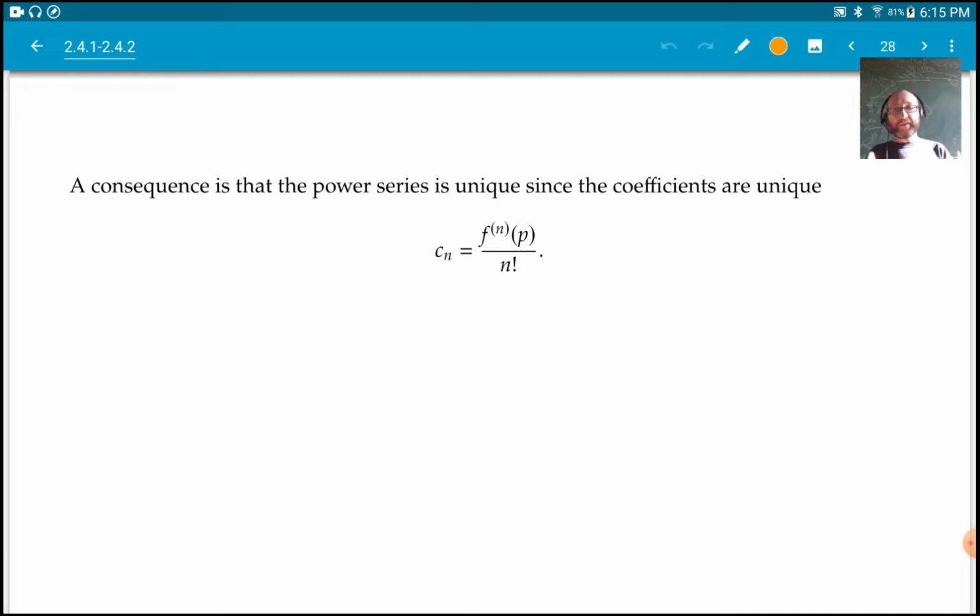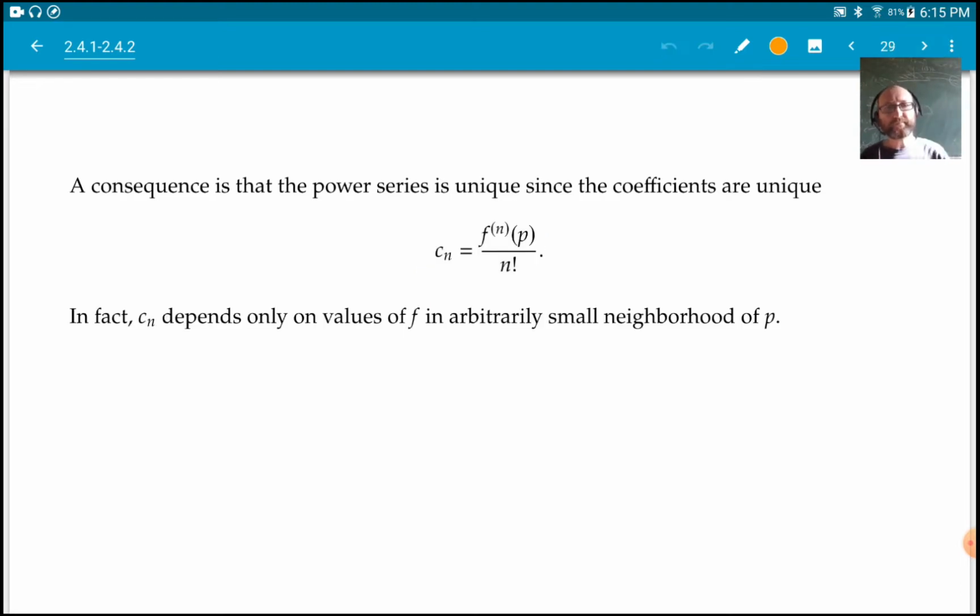Once I have a power series converging to a function, there can't be a different power series at the same point converging to the same function, because I just need a little neighborhood around p to take derivatives. Once I can take derivatives of this function, I know what the coefficients are. So I know the power series, and the power series is unique.